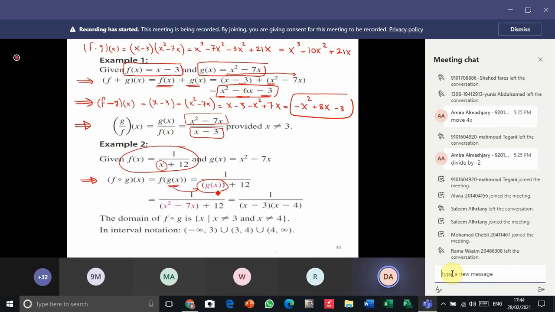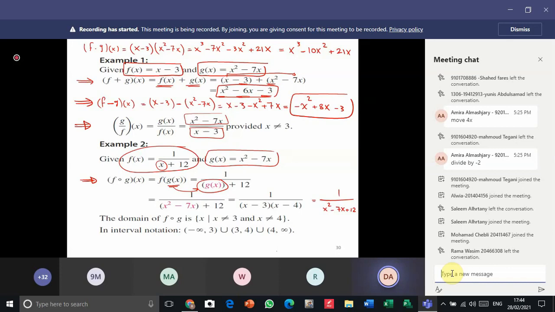What's the value of g? This is the value of g. So substitute the value of g, x squared minus 7x plus 12. So we have it like this, or we can put it just 1 over x squared minus 7x plus 12, like this only.